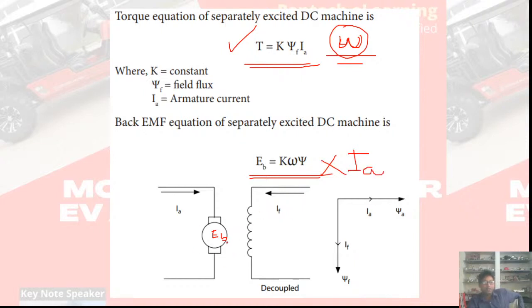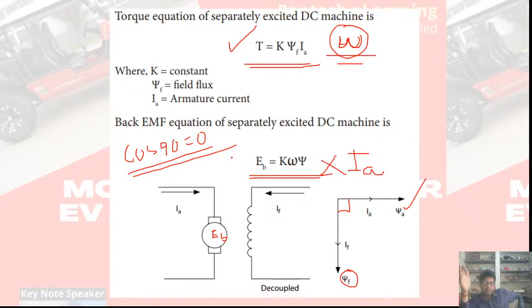And if you see the construction of separately excited DC machine, the armature flux and the field flux are in quadrature, so cos 90 is 0. So the field flux is not influenced by armature flux, and the armature flux is not influenced by field flux. This is the unique thing.